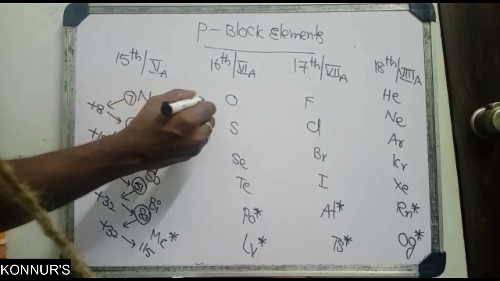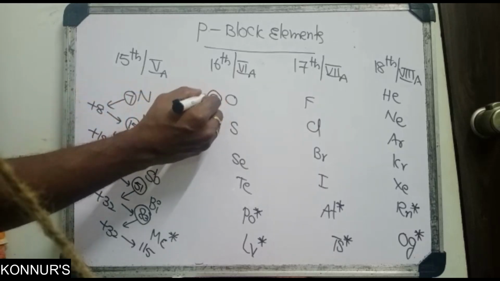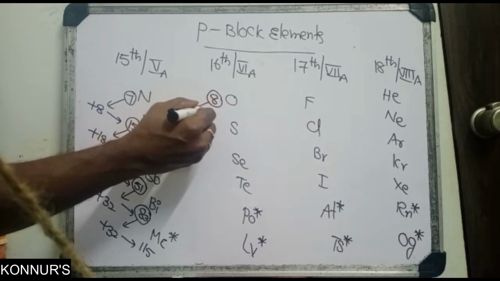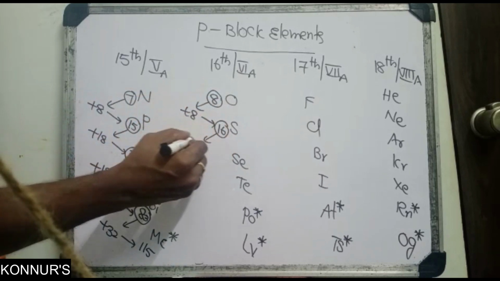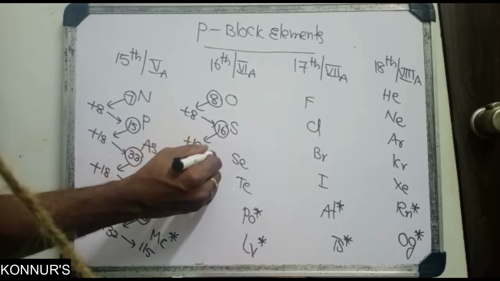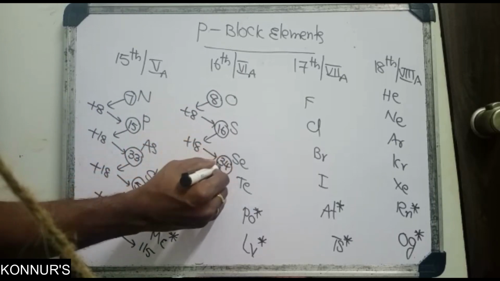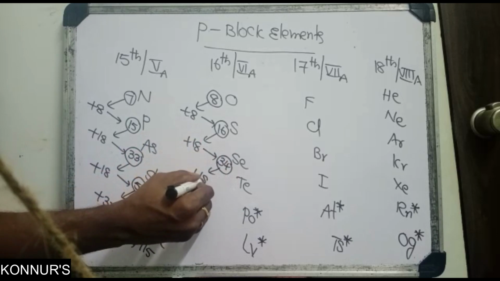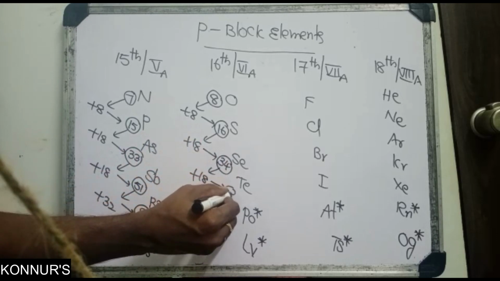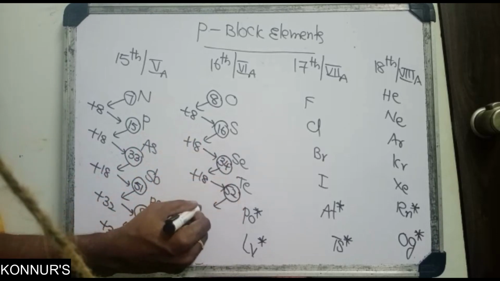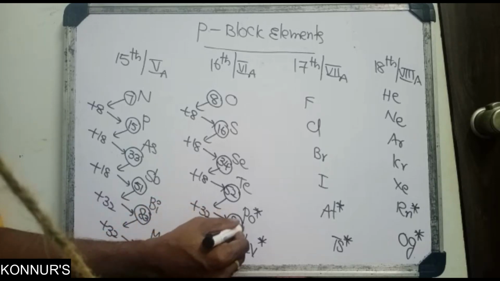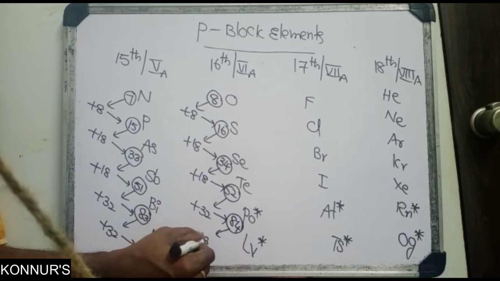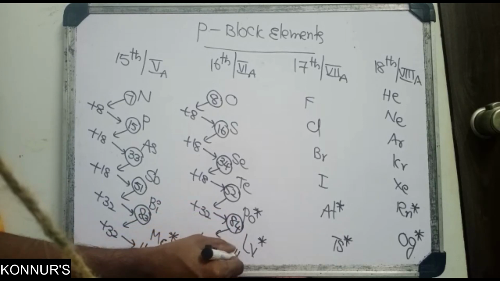Next here also 8, you add 8, 16. Again you add 18, so 34. You add 18, 52. Next 32, 84. Next 32, 116.